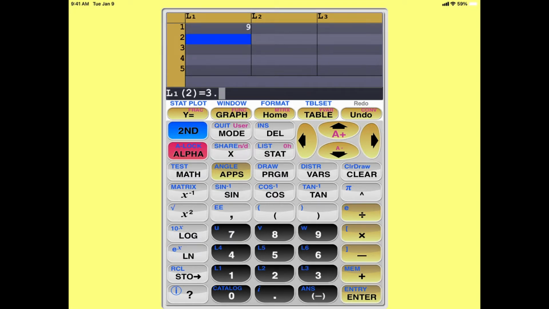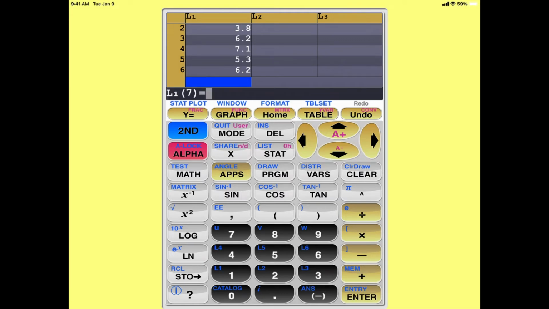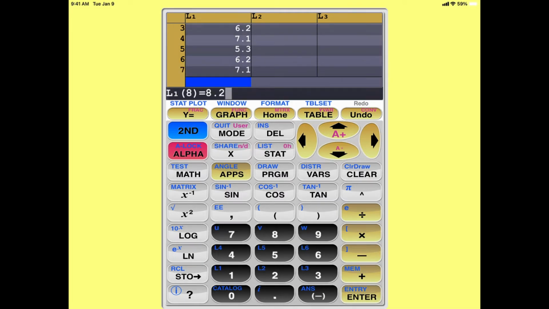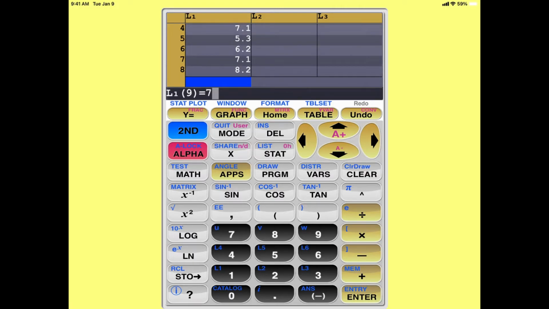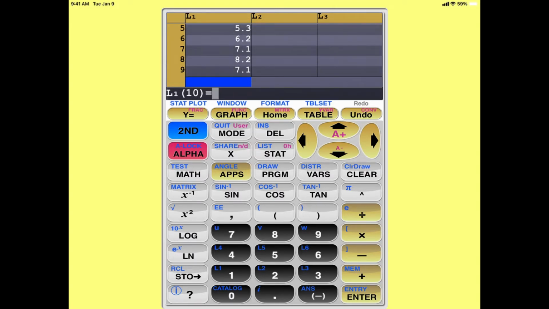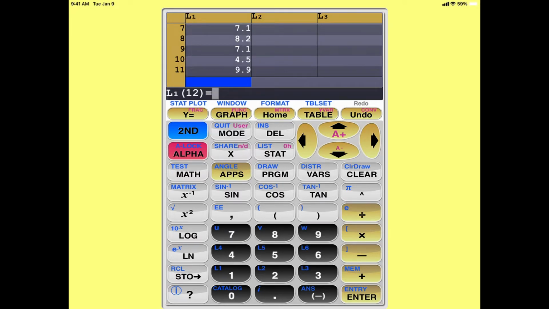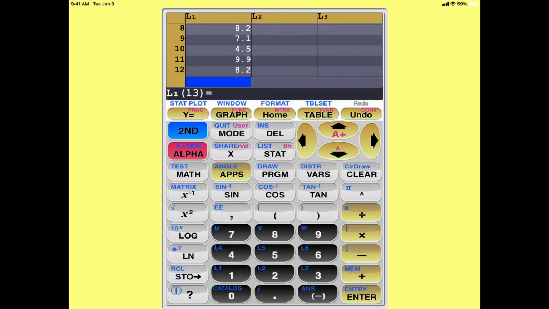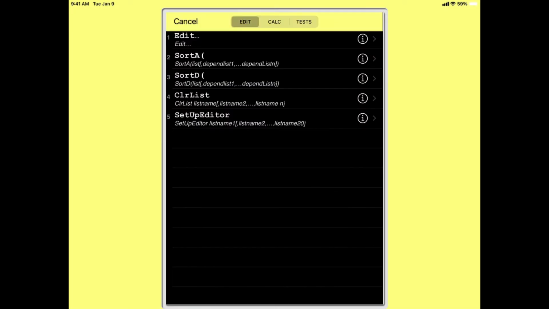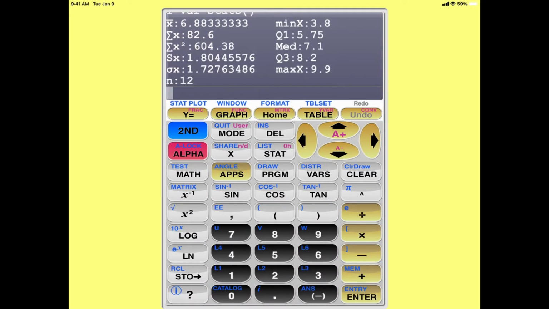So you don't need to put the decimal for 9.0. 6.2, 7.1, 5.3, 6.2, 7.1, 8.2, 7.1, 4.5, 9.9, and 8.2. Let's go stat, calc, 1-bar stats.